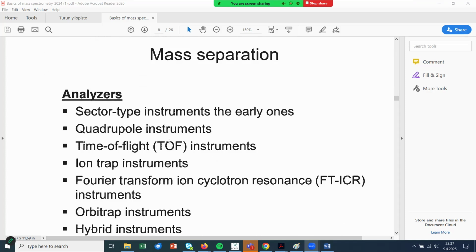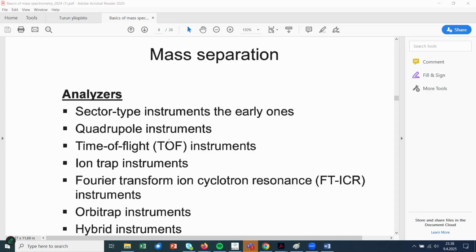Quadrupole instruments are these so-called low-resolution instruments, as I showed you what is low mass resolution and what is a high mass resolution. But still, even though they are low resolution instruments, they can be used in many types of targeted analysis, where targeted analysis means we have maybe a more limited type of components in our sample. So it doesn't get so problematic with different components that might have almost the same masses.